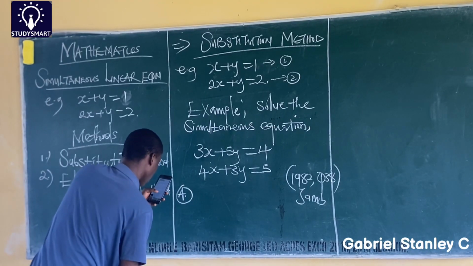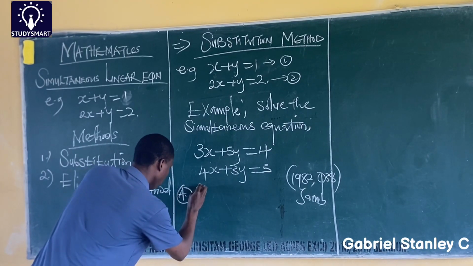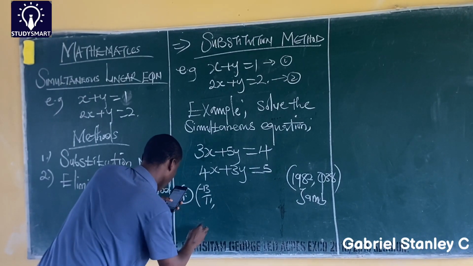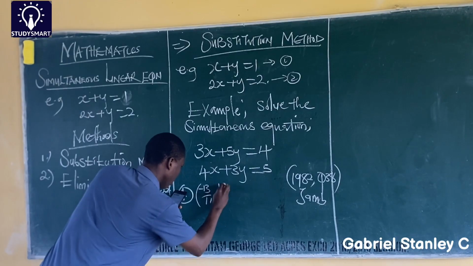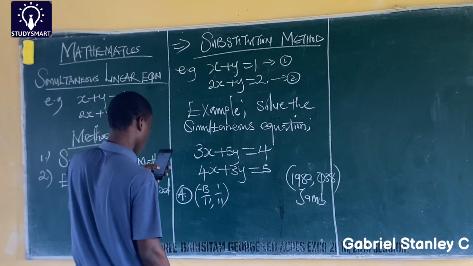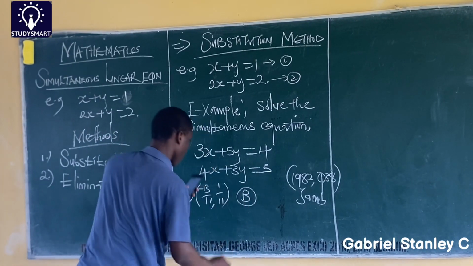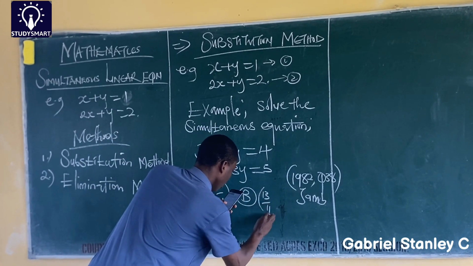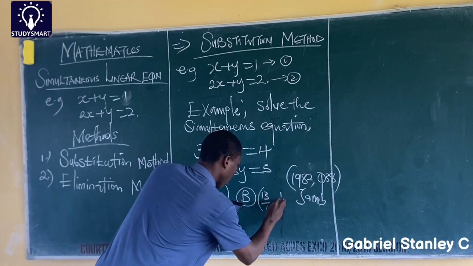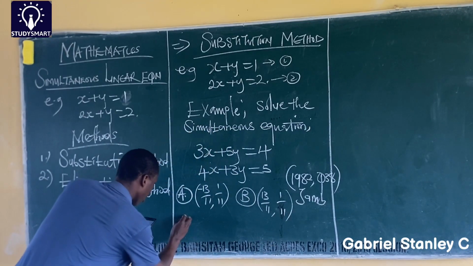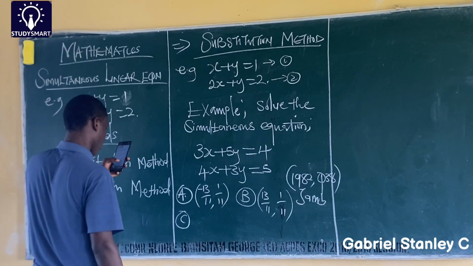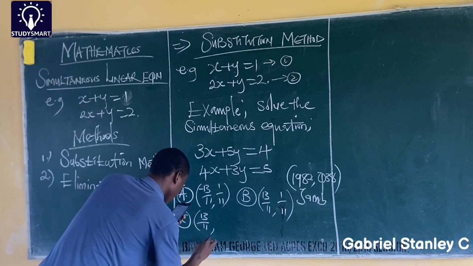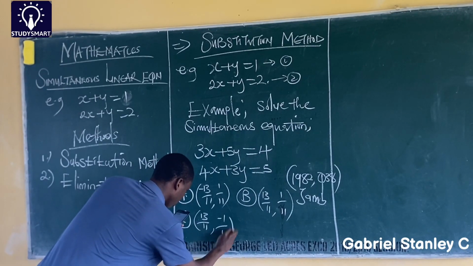Following this question, the first option is minus 13 over 11 as the value of x, and 1 over 11 as the value of y. Option B: for x we have 13 over 11, and for y we have 1 over 11. Option C: for y we have 13 over 11, and for x we have minus 1 over 11.